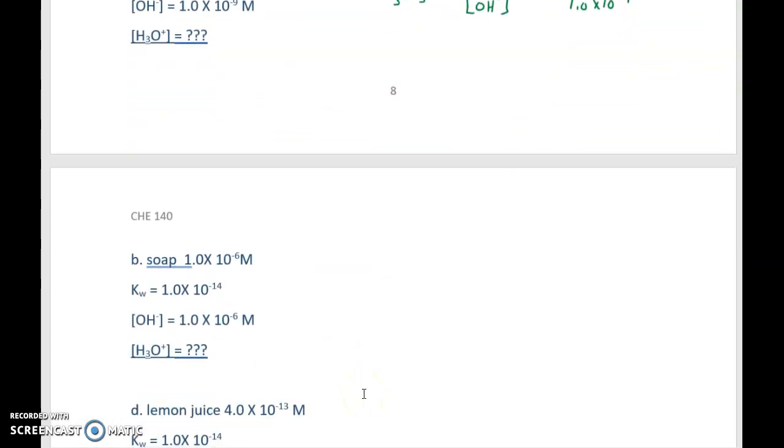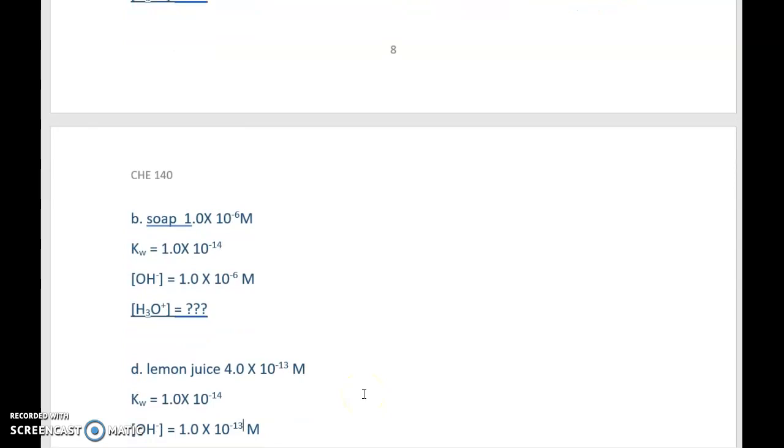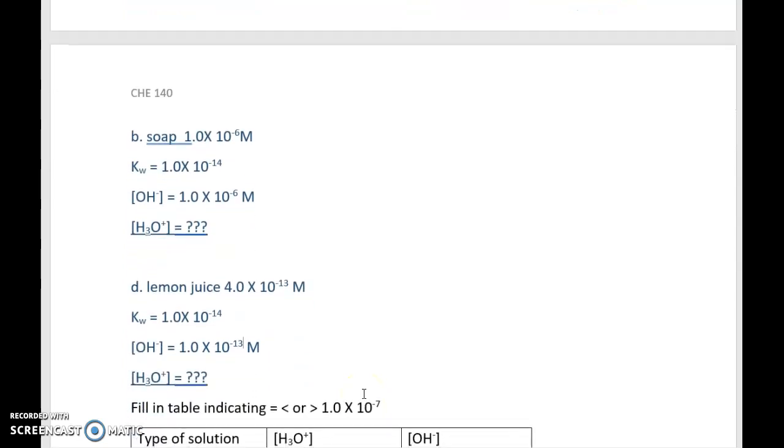Okay, so let's look at what's the hydronium concentration in soap. Well, Kw is always going to be equal to the hydronium times hydroxide, and we have this number, and we have this number, so we can solve for the hydronium concentration.